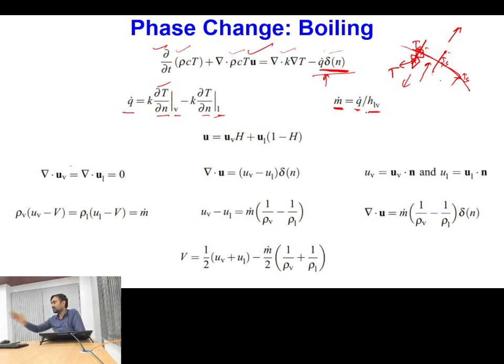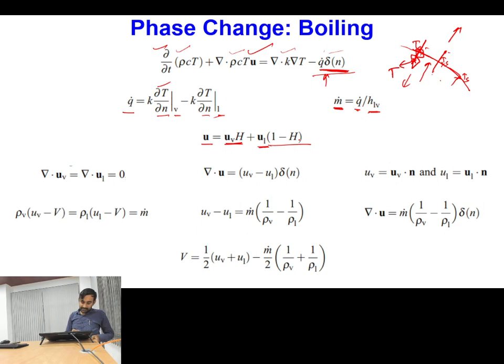Okay, so because of this there will be some motion near the interface for these fluids. So that's why for the interfacial cell, when we now define the velocity, that velocity will be nothing but the velocity of the vapor phase times h plus the velocity of the liquid phase times 1 minus h.